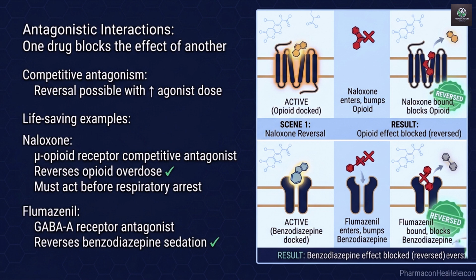It rapidly reverses opioid overdose by displacing the opioid from the receptor. It must be administered before respiratory arrest becomes irreversible. Flumazenil competitively antagonizes benzodiazepines at the GABA-A receptor, reversing benzodiazepine-induced sedation and respiratory depression. Both are antidotes that exploit pharmacodynamic antagonism therapeutically.